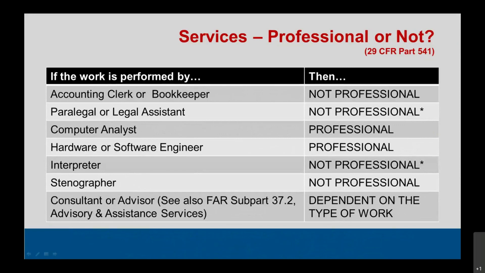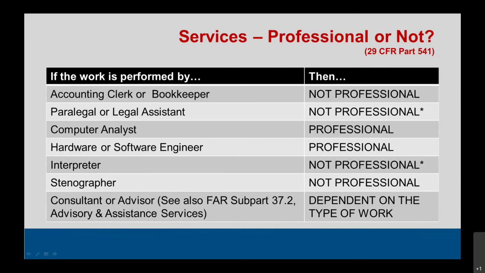And so to qualify for the exemption, the employee's primary duty must be the performance of the exempt work. They can't do 70% non-exempt work and 30% exempt and then be considered fully exempt. The term primary duty means that their work is exempt work that is the principal, main, major, or most important part of what they do.